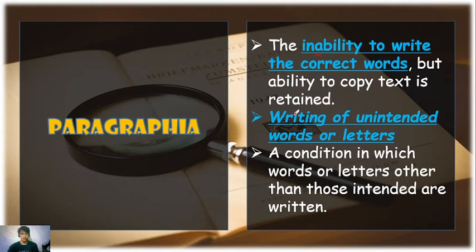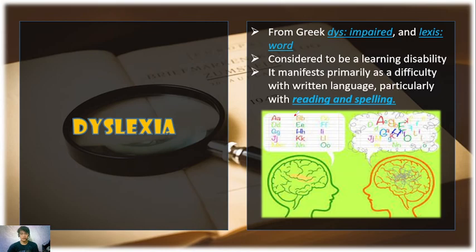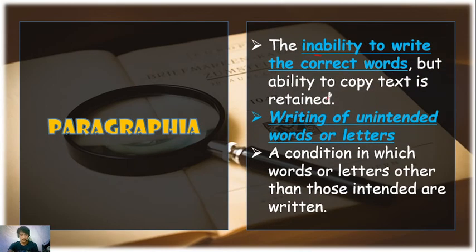So this might be one of the advantages, or the positive side of paragraphia, because yes, they cannot write the correct words, but they can copy text, or they can copy the words that they are seeing. So yung nakikita nila, or meron silang copybook form, or they have a standard, then they can write, nakokopya nila.